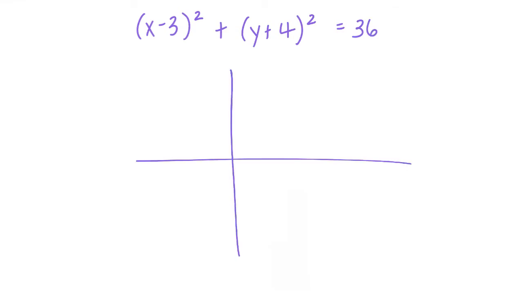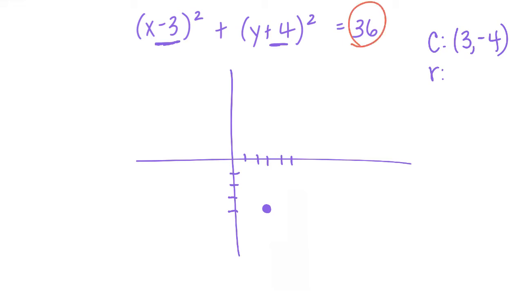So in order to graph this, we do have to find the center and the radius. Now in this question, they actually gave us the center. They told us that the center was 3. So remember, we're taking the opposite, so it would be (3, -4). So I know at (3, -4), I would put my dot for the center.